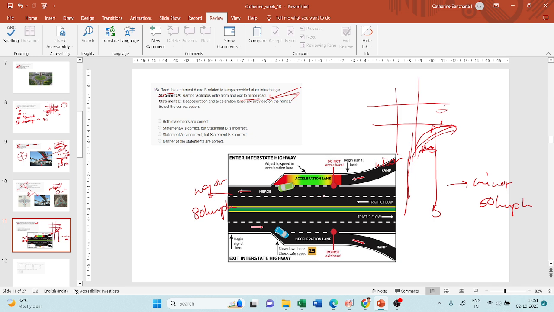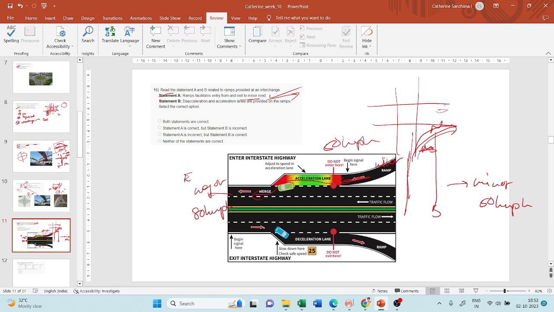It will either lead to an accident or it will reduce the efficiency of the major road in the east-west direction. So first the vehicles traveling on the ramp at a speed of 50 km/h will enter the acceleration lane, where they will increase the speed from 50 to 80 and then enter the major road, which has vehicles traveling at 80 km/h.